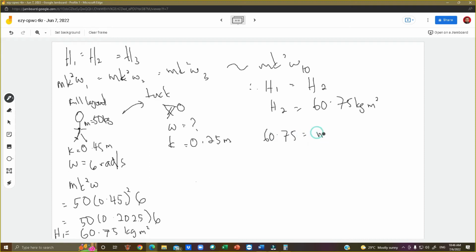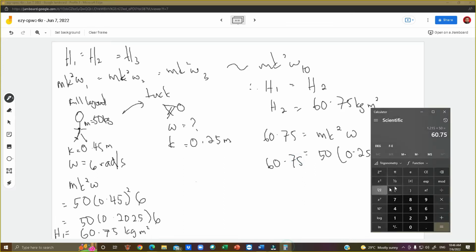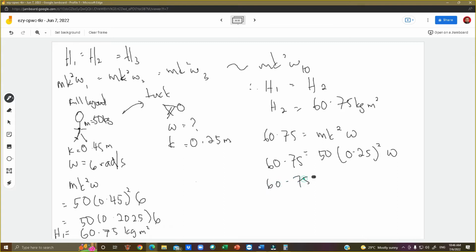Jadi kita bolehlah cari mk square omega yang kedua omega tucking. So equals to 50. K will be difference here. Omega 60.75. So 0.25 square times 50, we have 3.125. 60.75 equals to 3.125 omega.